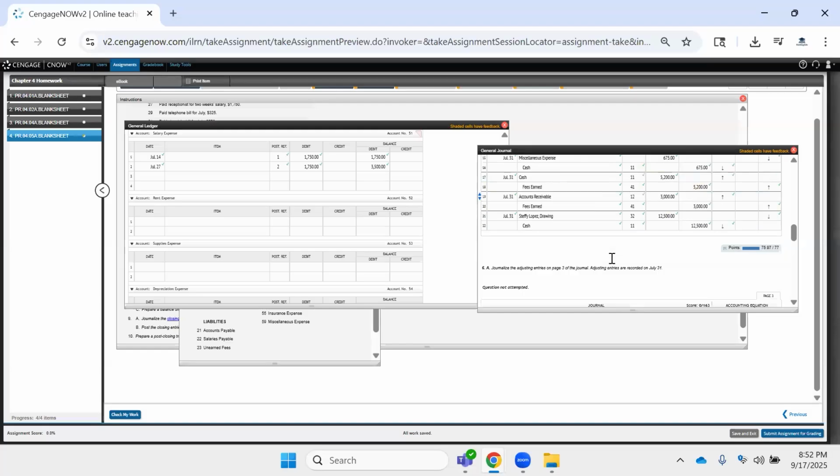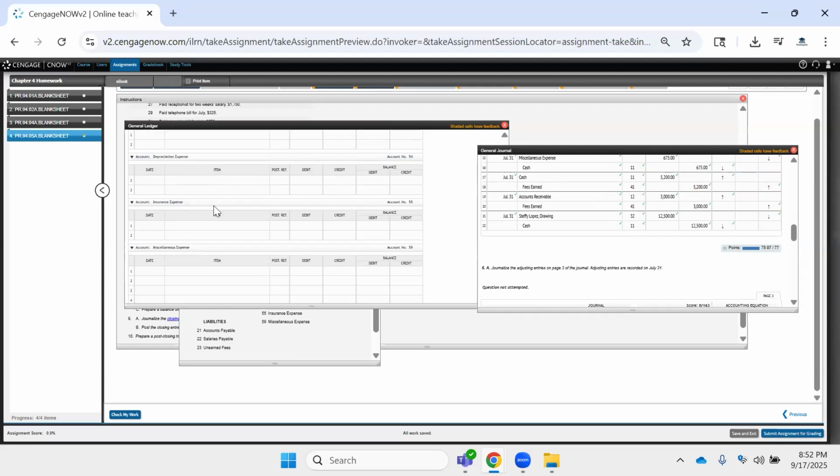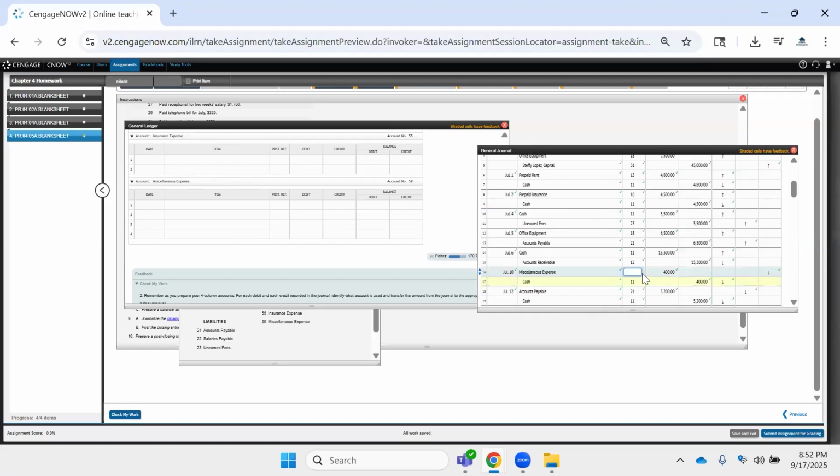Rent expense, we only had the prepaid rent so far, I believe. So rent expense is going to be an adjusting entry. Depreciation we haven't done yet, and neither insurance, but we have had a number of miscellaneous expenses. So that's account number 59. Our first miscellaneous expense is on the 10th.